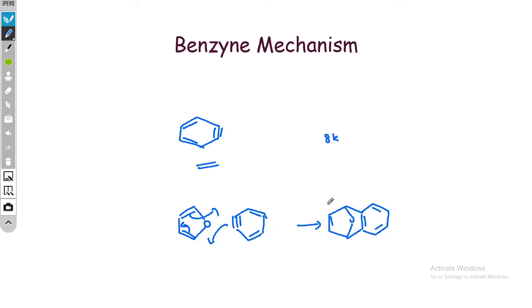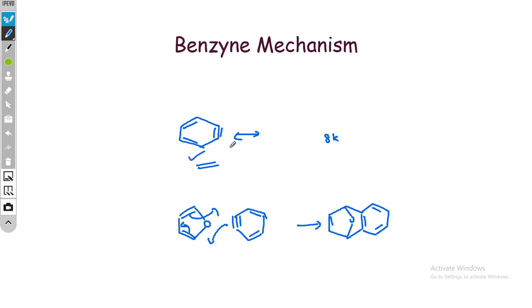This is one evidence, because here the new bond does not affect the aromaticity of the benzene ring, and this electron will be in a pi bond which is not delocalized with the aromatic electron system.